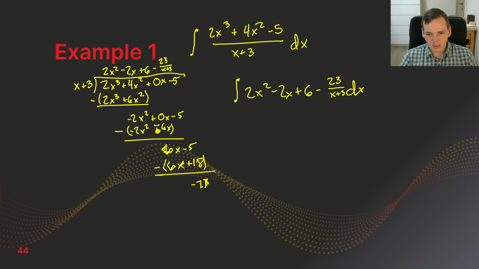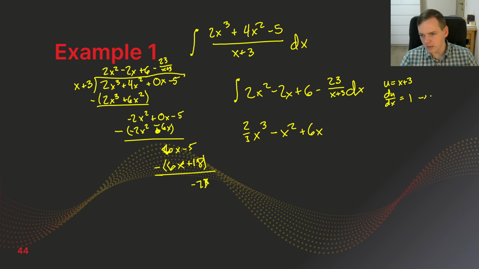So we're going to get the integral of 2x squared is going to be 2/3 x cubed. The integral of negative 2x is going to be just negative x squared. The integral of 6 is going to be 6x. And now the integral for this one's a little bit tricky. We're going to have to use u substitution. u is equal to x plus 3. du dx is equal to 1.